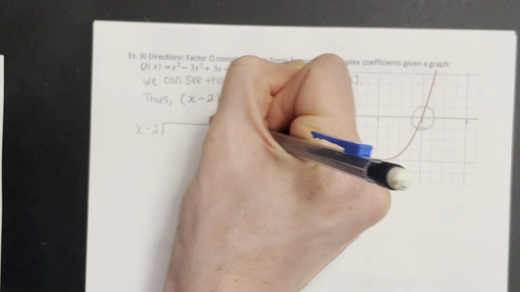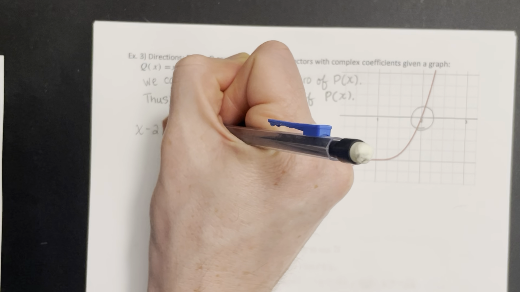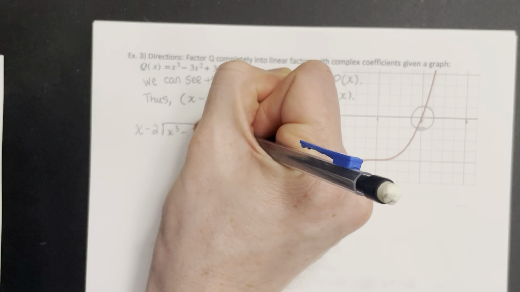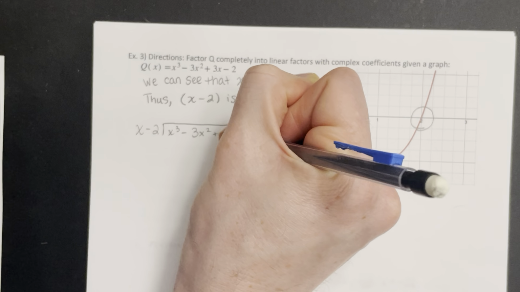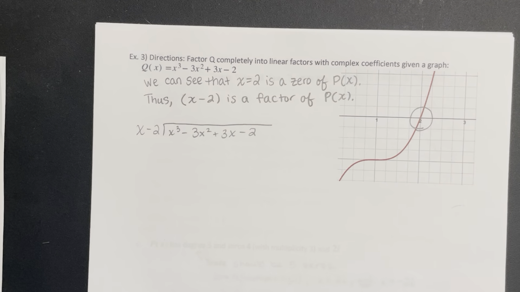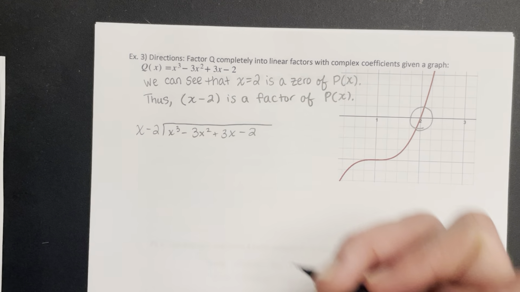X minus 2 divides into our polynomial. We take that x minus 2, do the long division. If you need to, go ahead and pause the video and do that long division, or you can do it with me.